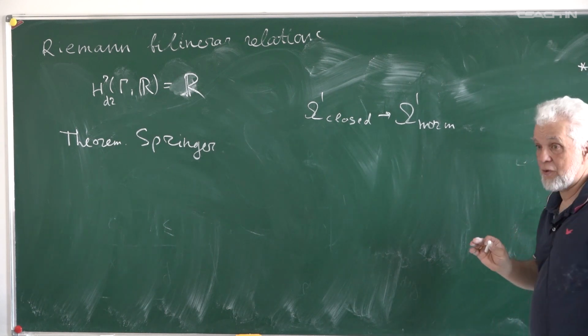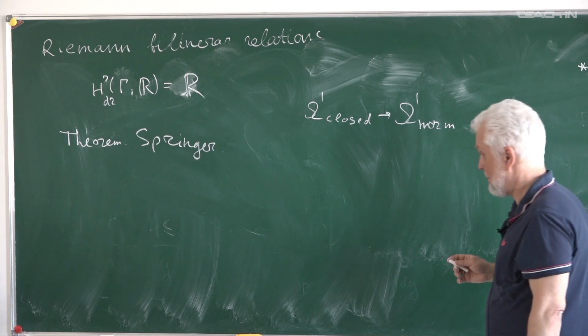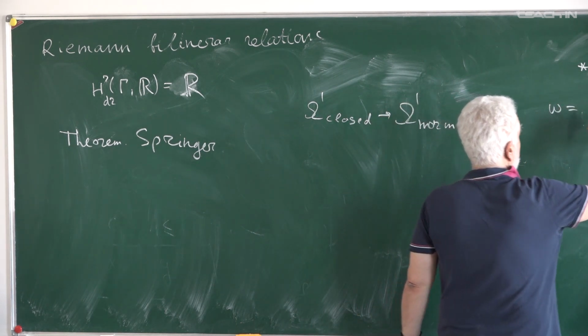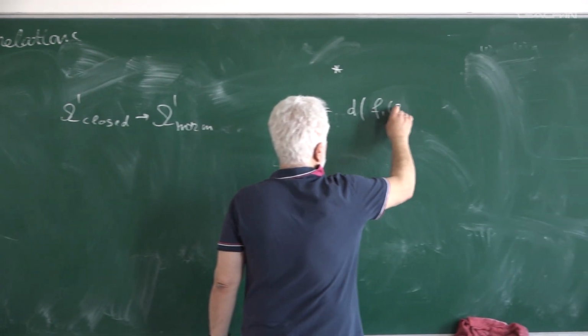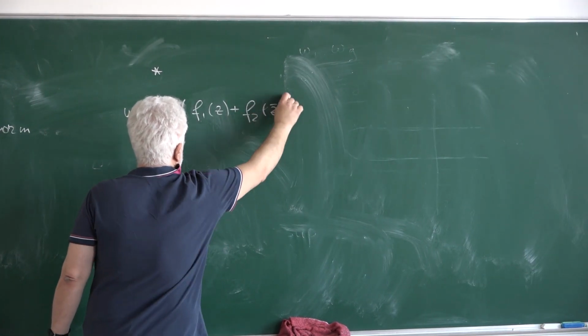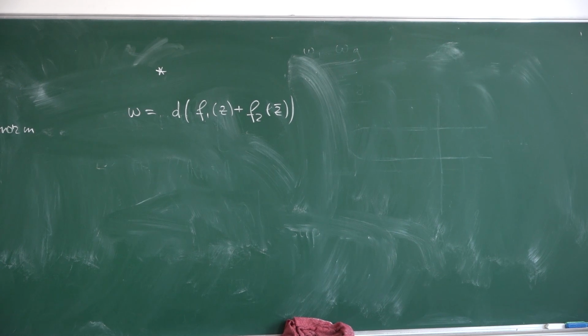A harmonic form is a differential of a harmonic function, and locally it is a harmonic form omega. You agree? It's a local statement, a local representation, up to a constant, but okay.